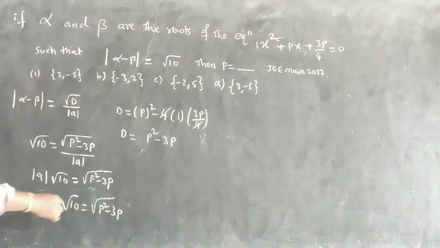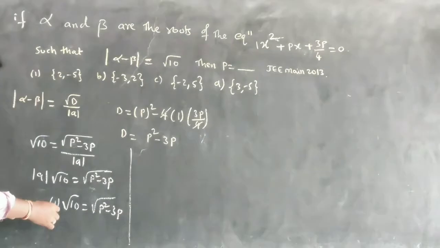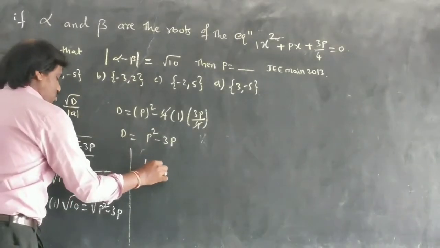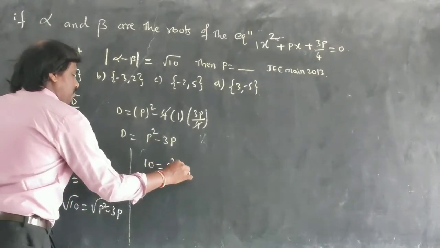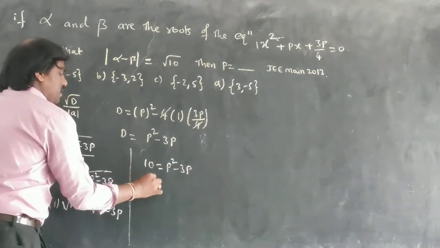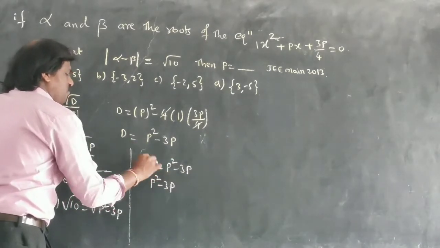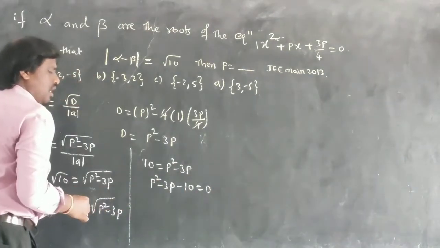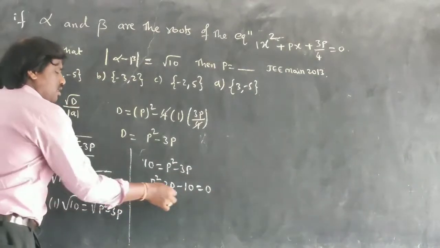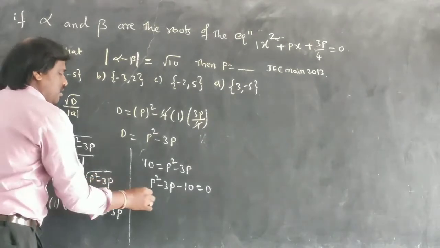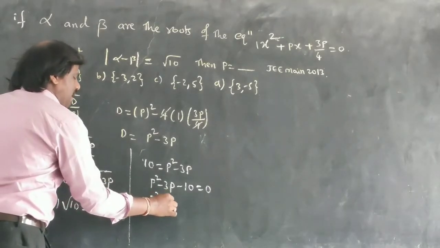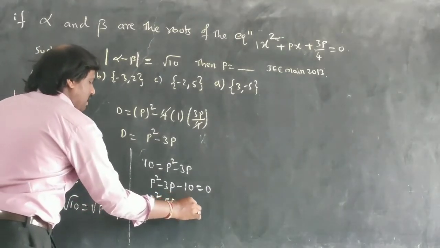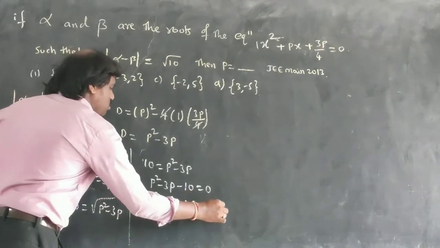Squaring on both sides, I get 10 is equal to p square minus 3p. If I transfer this to that side, p square minus 3p minus 10 is equal to 0. Now, the 10 can be split: the middle term minus 3p is minus 5p plus 2p, so p square minus 5p plus 2p minus 10 is equal to 0.